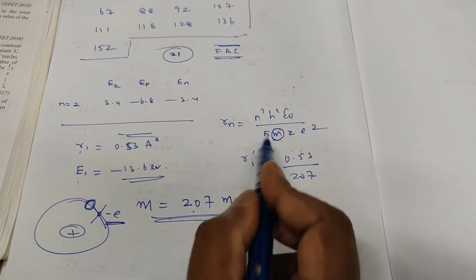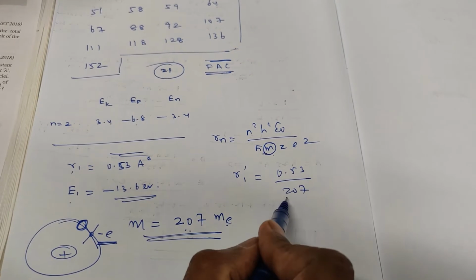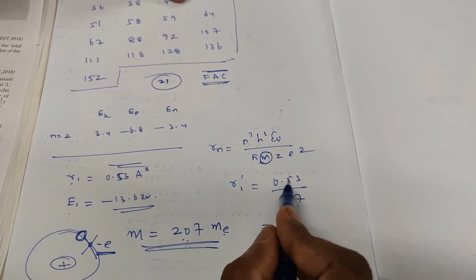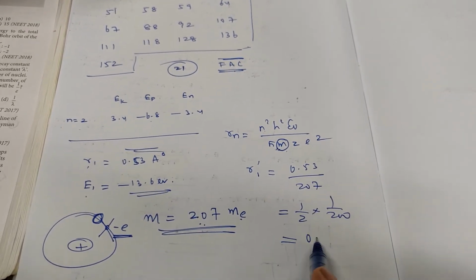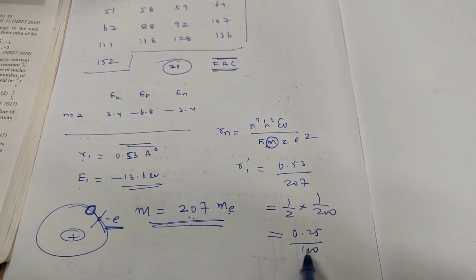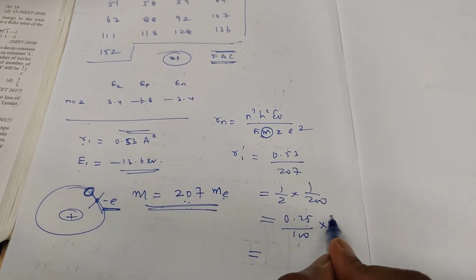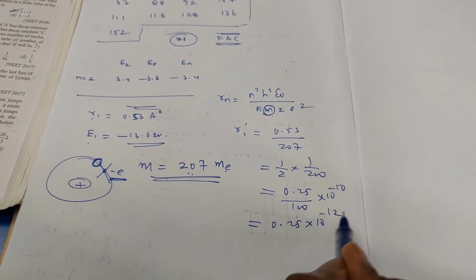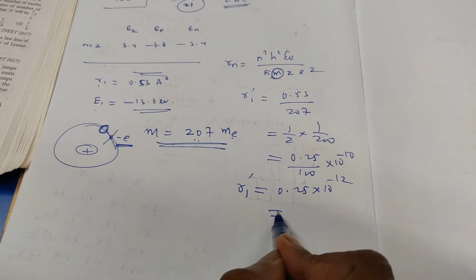You replace this m by 207 times the mass of the electron, so the radius will be 200 times less. Approximately, 0.5 is 1 by 2, and this is 1 by 200. 1 by 4 is 0.25, divided by 100. This is in angstrom, and angstrom means 10 power minus 10. So when this goes up, 0.25 times 10 power minus 12. So the answer for radius R1 dash is this.